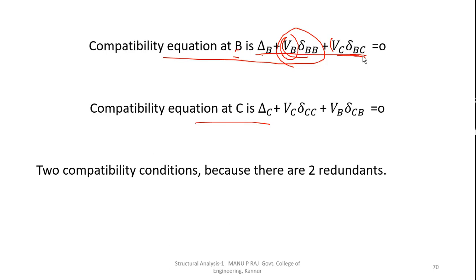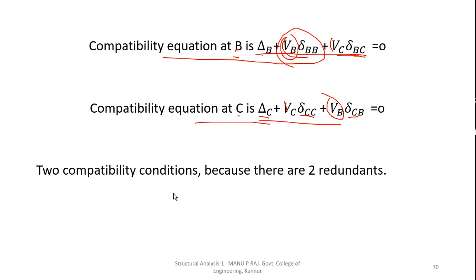Now the compatibility equation at C will be capital delta C plus the load at C, that is VC, into the deflection at C due to unit load at C, that is delta CC, plus there is a load at B also, VB, into the deflection at C due to this VB, equal to 0.